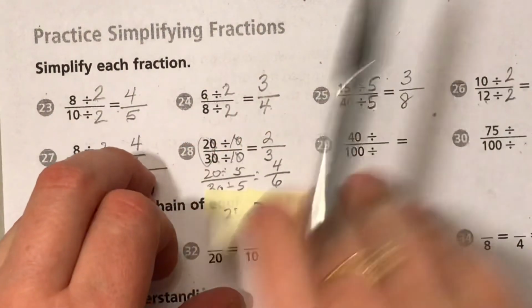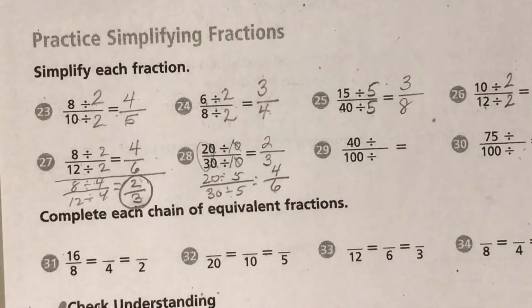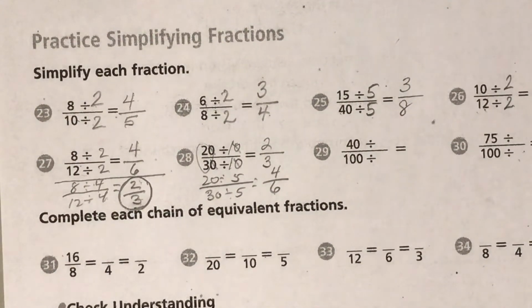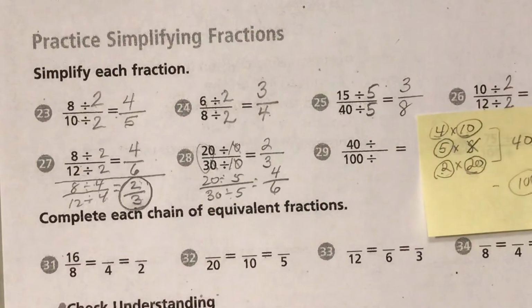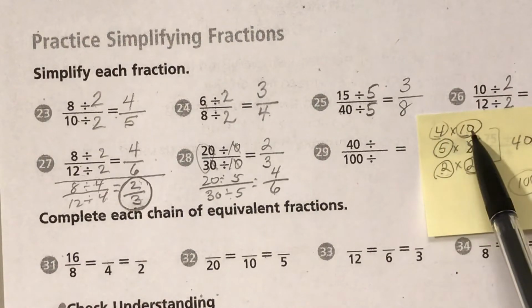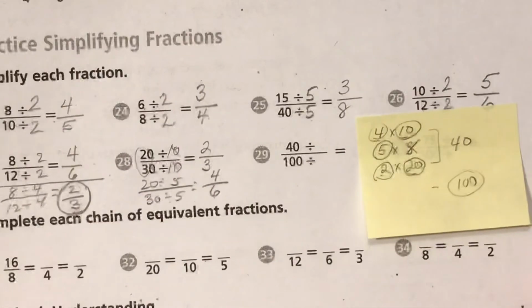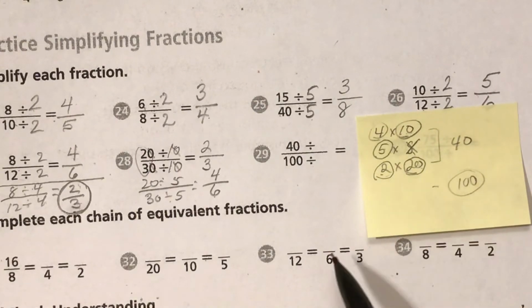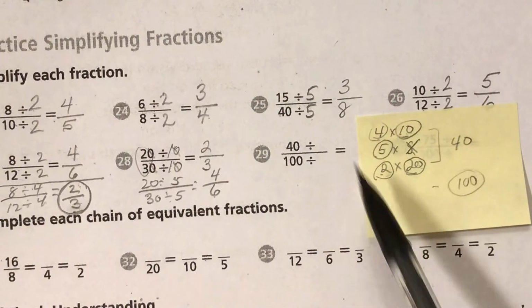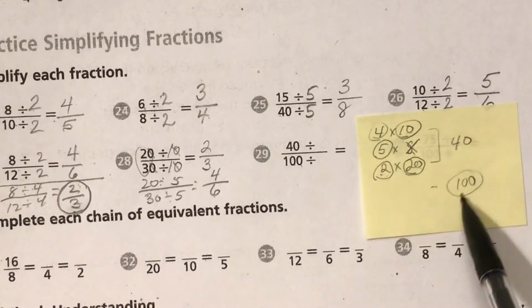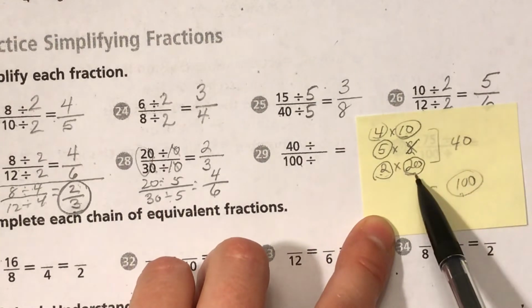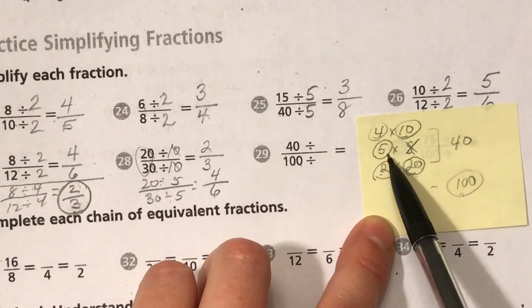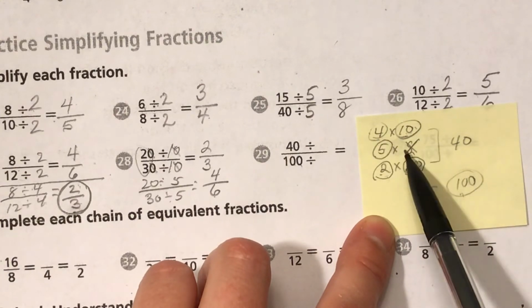So let's take a look at 40. 40 has a lot of options available. Here are all the choices for 40. You would have 4 times 10, 5 times 8, or 2 times 20. All of those work. But when I look at 100 as being my other choice, 20 works, 2 works, 5, 4, 10 work, 8 does not.